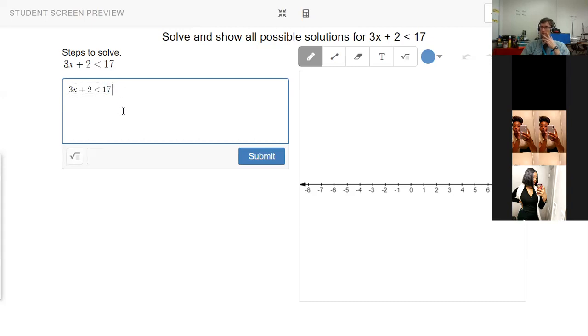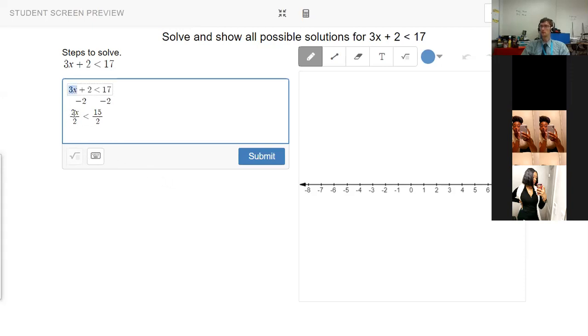Good. Subtract 2 from both sides. All right, and so what am I left with? Would it be 2x over 2 is less than 15 over 2? Think about what we are starting with here. Oh, 3x.